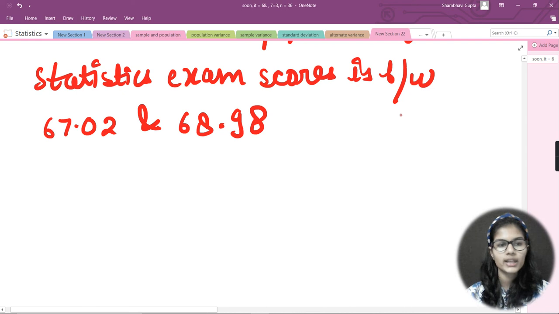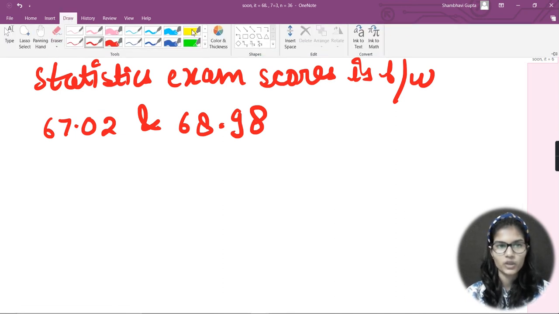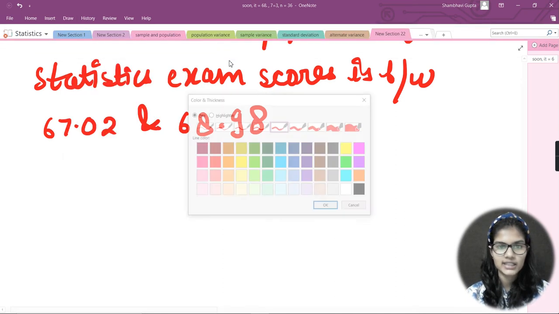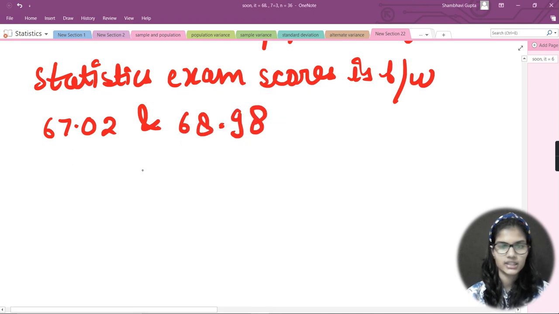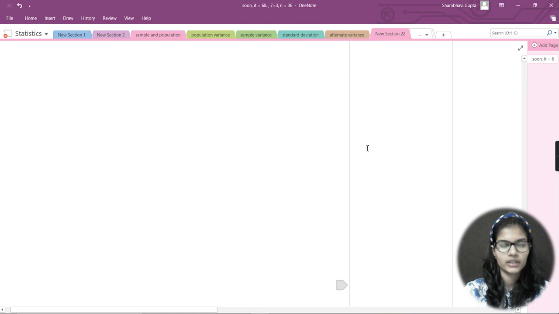Now from here what we can conclude, why I have found out the 95% confidence interval also in this one. So let me take a different color so that I can write the things here.